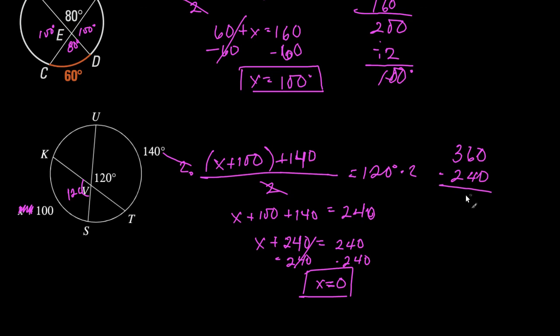We get 120, so we divide it by 2 and get 60 degrees here, 60 degrees here. Which makes sense: if it's 120, then we get 240, 240 plus 60 is 300, and 300 plus 60 is 360 degrees. Awesome. That's it. Thank you.